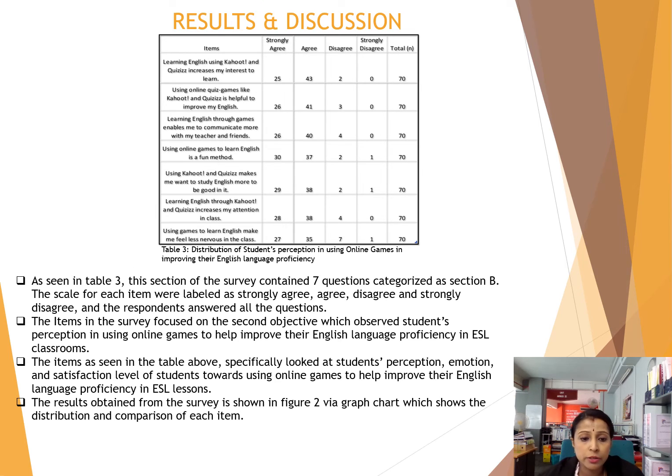The items specifically looked at students' perception, emotion, and satisfaction level towards using online games to help improve their English language. The result obtained from the survey is shown in Figure 2 via a graph chart, which shows the distribution and comparison for each item.